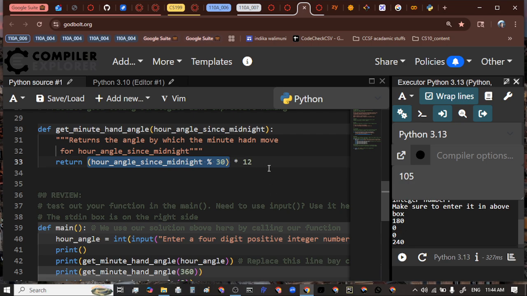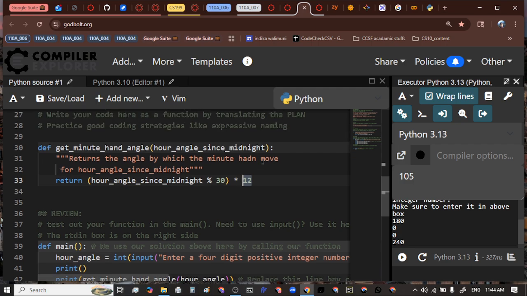Then times 12 is the ratio between the speed of the minute hand and the speed of the hour hand. Basically, the minute hand is 12 times faster than the hour hand. It goes a single round when the hour hand moves 30 degrees. Without finding this fact, we cannot actually solve this problem.